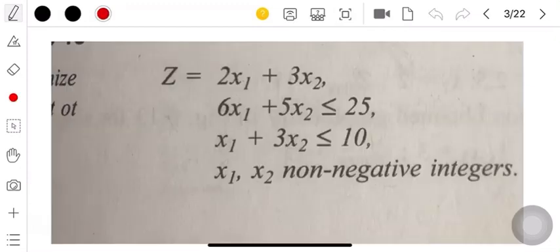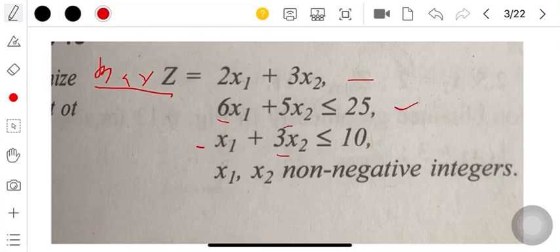Let me take an example. Suppose this is a function which is of maximization type. Maximize z equals 2x1 plus 3x2 subject to 2x1 plus 5x2 less than or equal to 25 and x1 plus 3x2 less than or equal to 10, where x1 and x2 are non-negative integers.